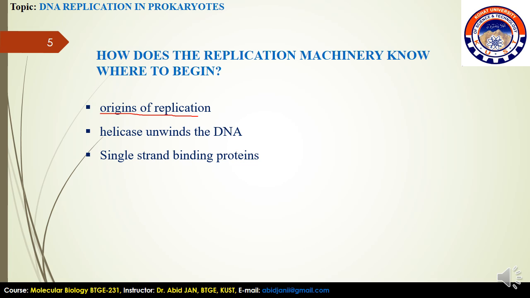In E. coli, which has a single origin of replication on its one chromosome, as in most prokaryotes, this origin of replication is approximately 245 base pairs long and is rich in AT sequences. The origin of replication is recognized by certain proteins that bind to this site.